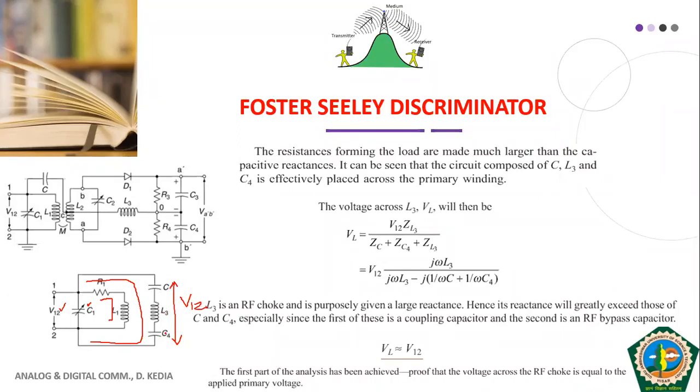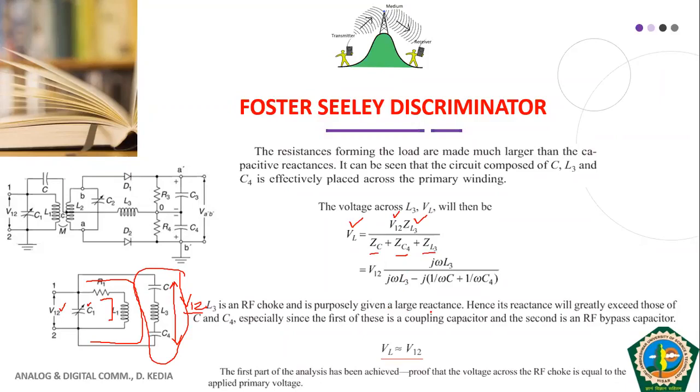We know the voltage divider. So when we apply the voltage divider for VL, the voltage across L3, we have V12 times the impedance of L3, ZL3, divided by the total impedance of the series combination, ZC plus ZC4 plus ZL3.